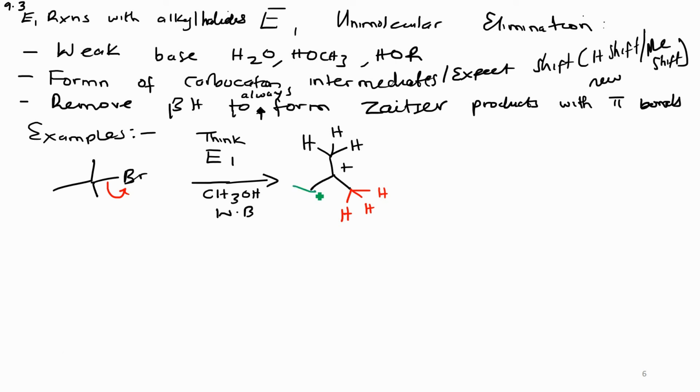Only one will be taken out by a base. So you have the set in black, the set in green, the set in red. The equivalents of all those are methyl groups. So you can see only the substrate gave you the intermediate carbocation. So this is the rate determining step. That's why E1 is unimolecular.